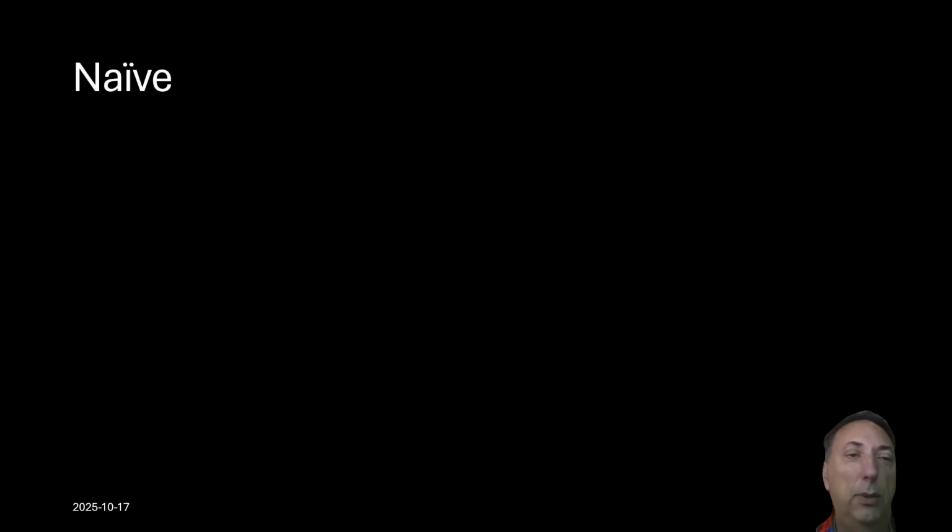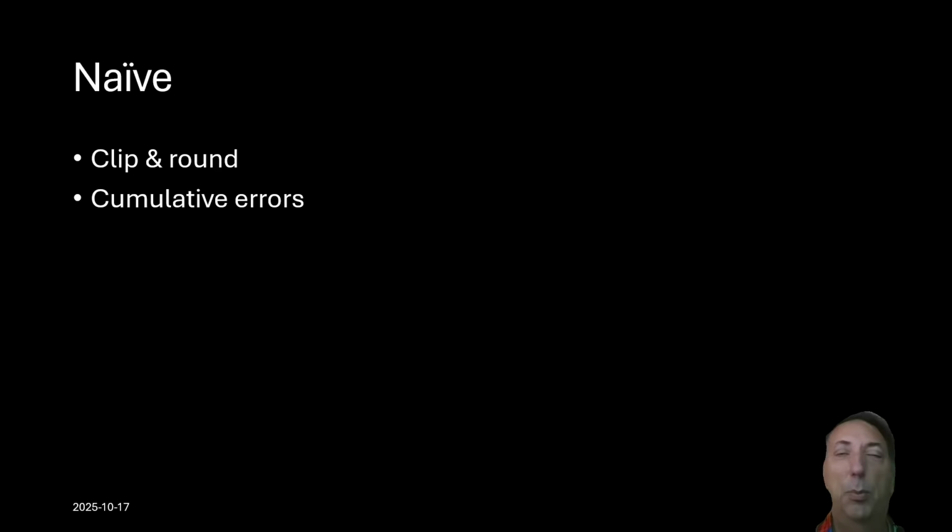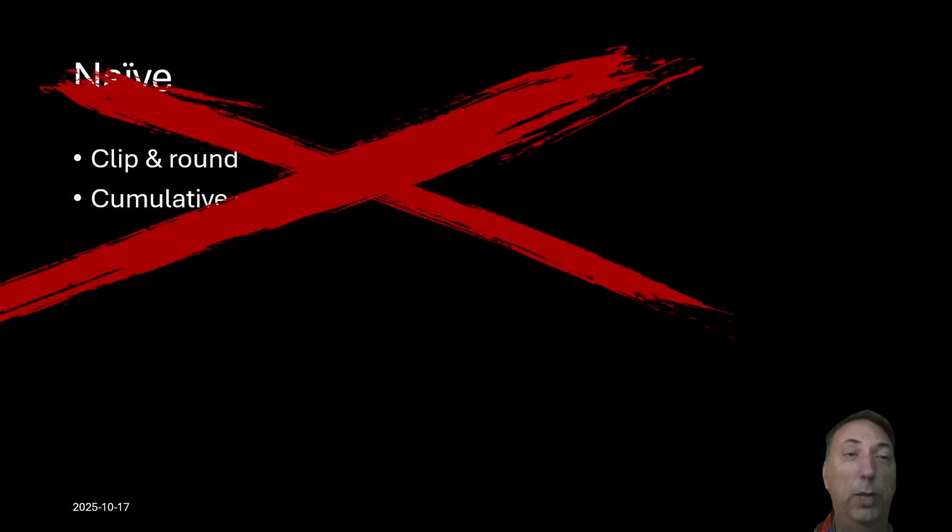The naive way would be, you just take your floating point values, clip and round them down to integers. The problem is that creates cumulative errors as you do your multiplies and accumulates for your dot products and matrix multiplications. So we don't want to do that. We want to be a little bit smarter than that.